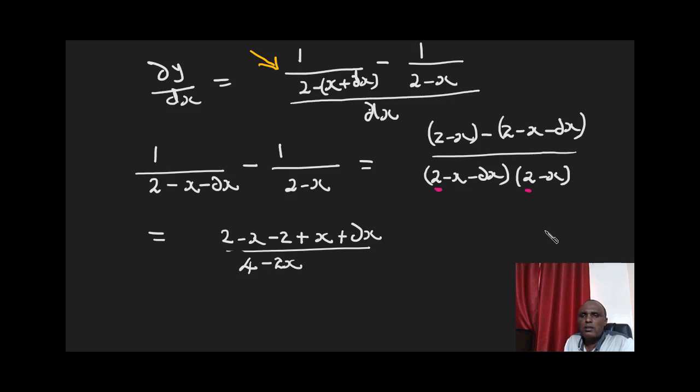Then negative x times 2, you get minus 2x. Then negative x times negative x, you get x squared. Then negative dx times 2, you get minus 2 dx, and negative dx times negative x you get plus x dx.